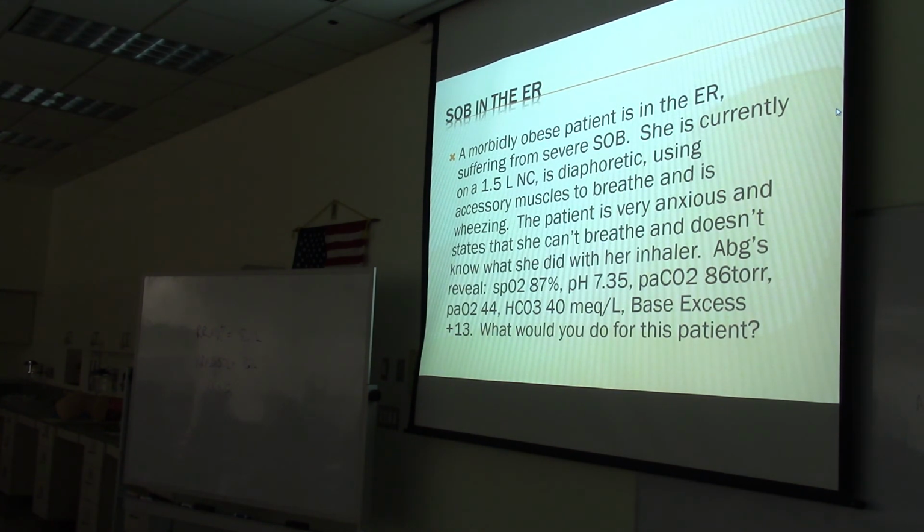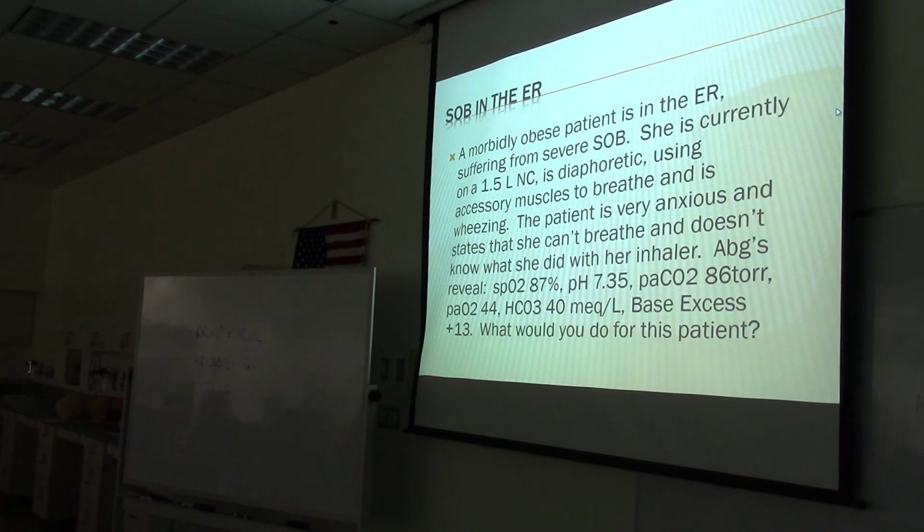SOB in the ER. A morbidly obese patient is in the emergency room suffering from severe shortness of breath. She is currently on a 1.5-liter nasal cannula, is diaphoretic, using accessory muscles to breathe, and is wheezing.